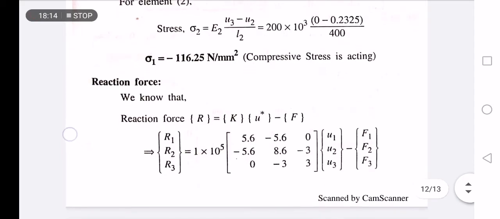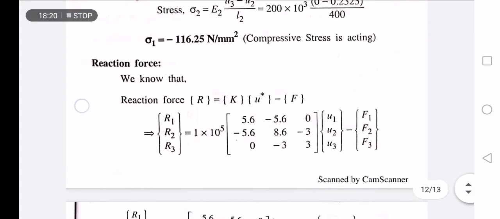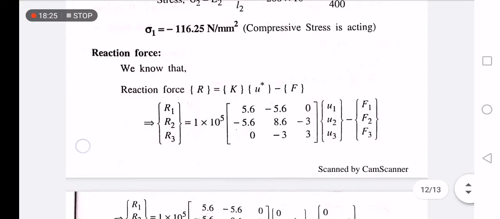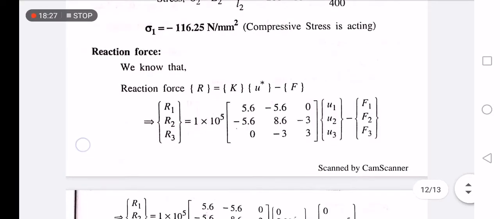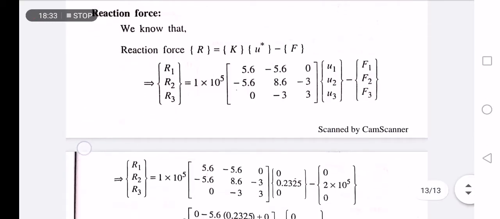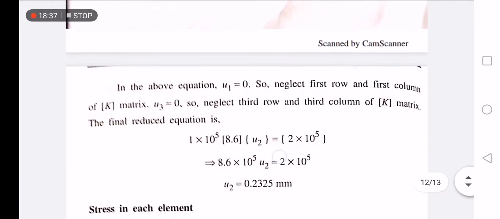Okay. The reaction force equation: R is equal to K into U minus F. The reaction force is the stiffness matrix into the displacement matrix minus the force matrix. Everything we know, K into U we already found.